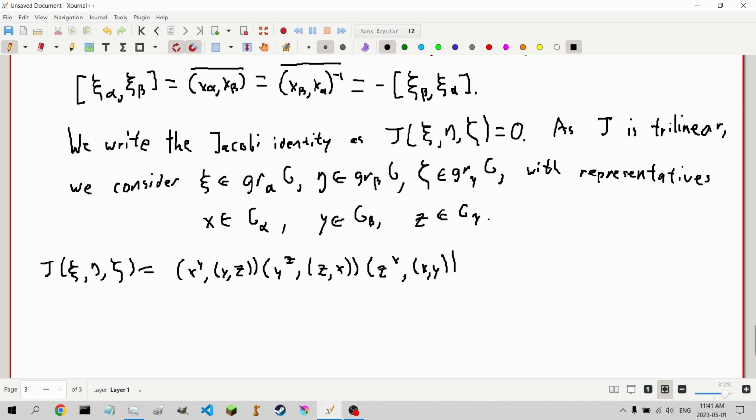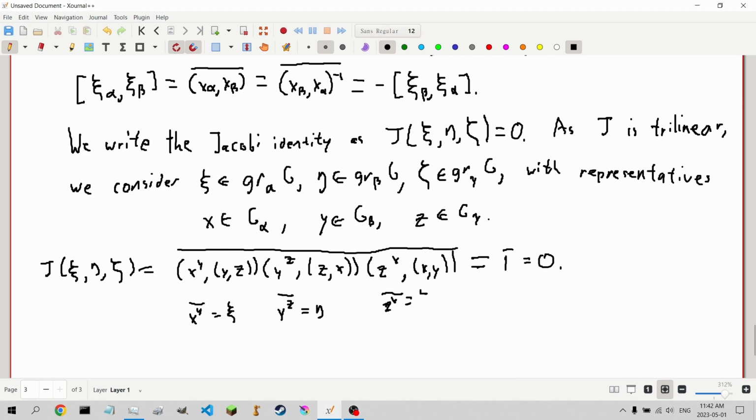And once again, as always, we take the quotient map, and all of these terms by symmetry are going to boil down as before, keeping in mind that this xy bar is going to be C, yz bar is going to be eta, and zx bar is going to be this thing.